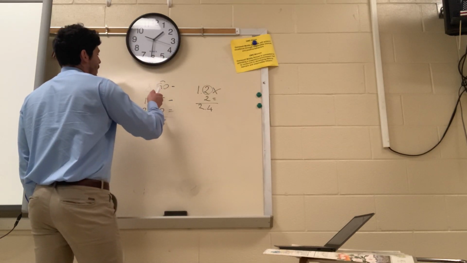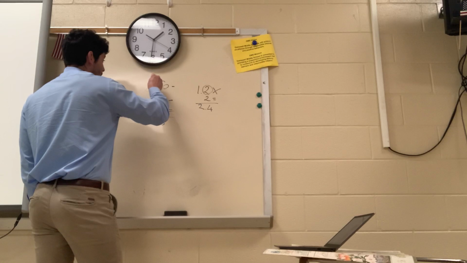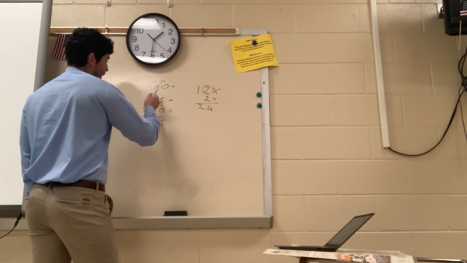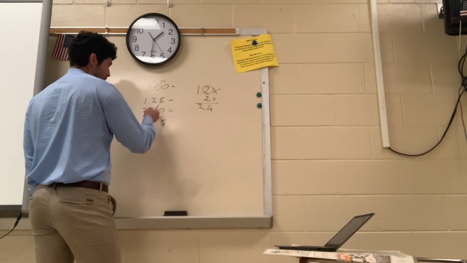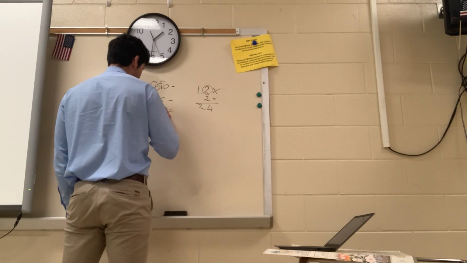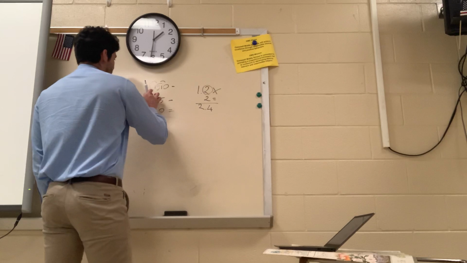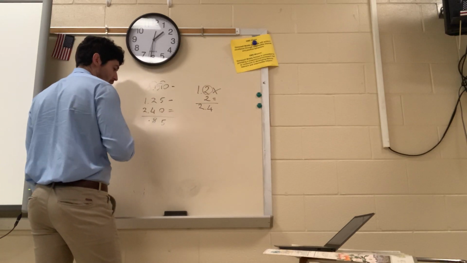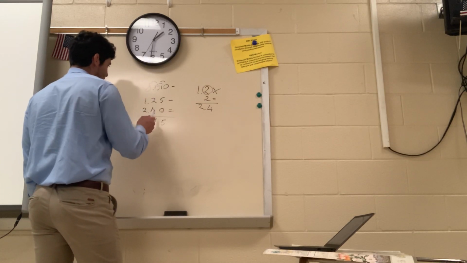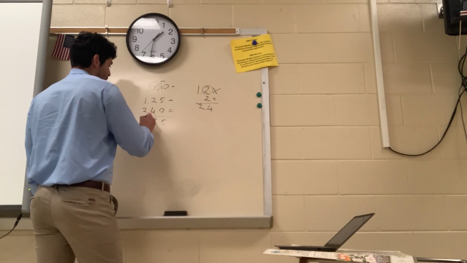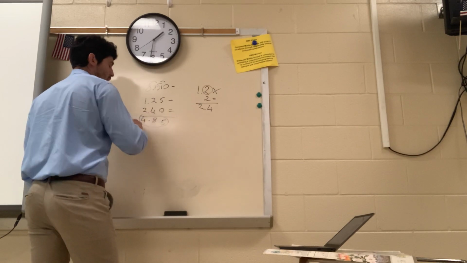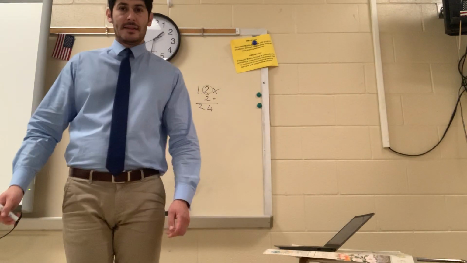All right, now I have to borrow here again. 14 take away 2, that's 12. 12 take away 8 is 4. 7 take away 1 is 6. 6 take away 2 is 4. So he ended up at $4.85, and that's the end of the problem.